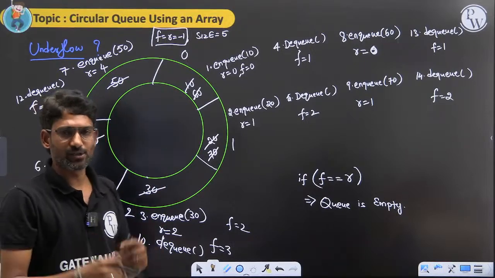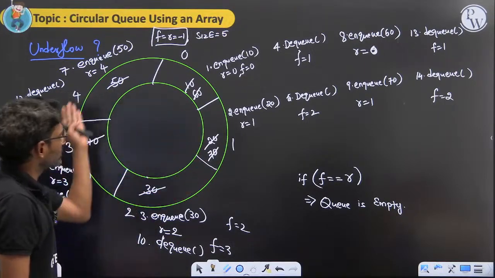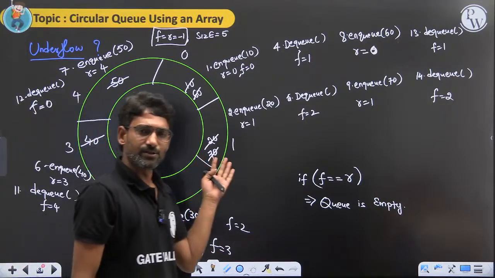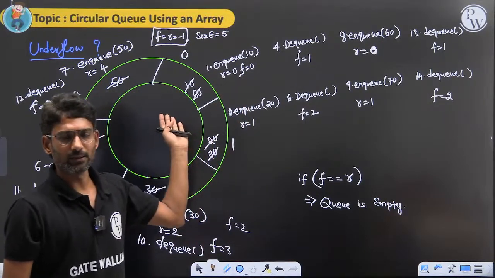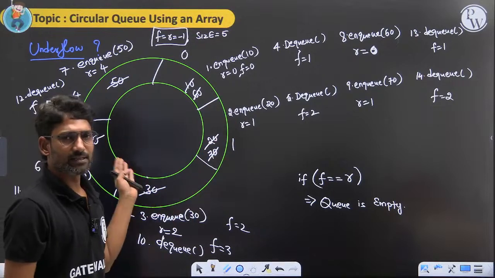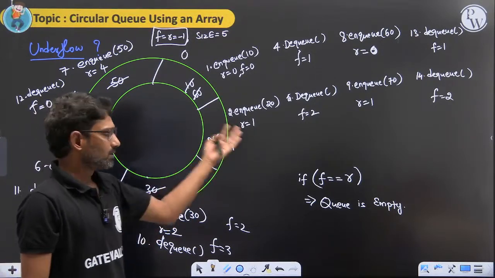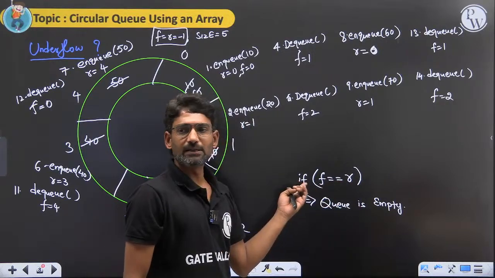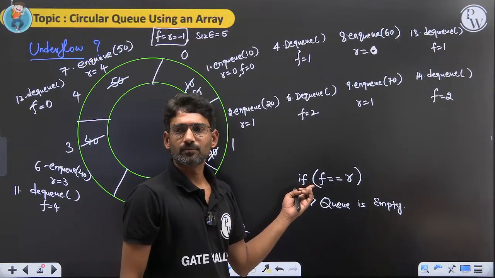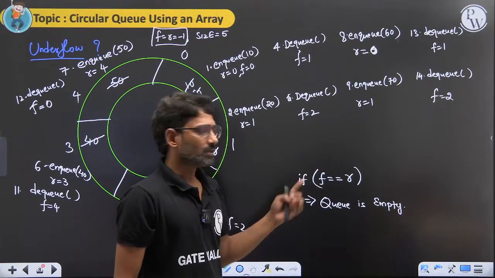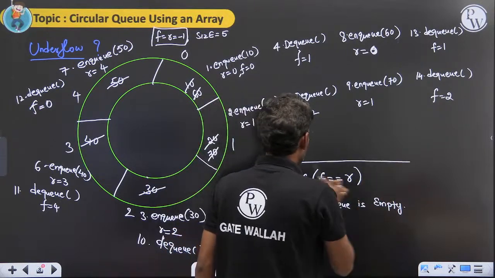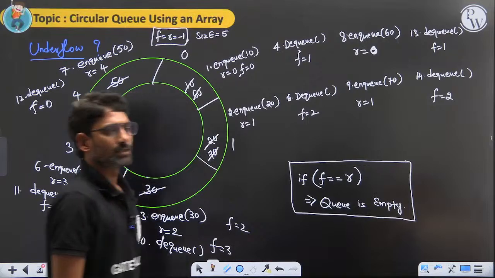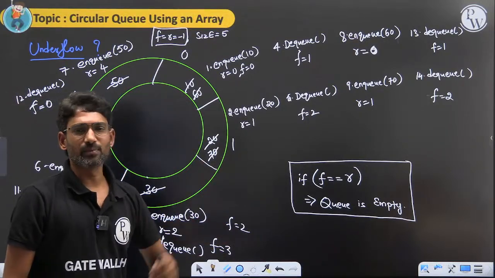That is the initial state. Later I did so many insertions and deletions. At a certain point, when I have done 7 insertions and 7 deletions, the queue became empty again. Front reaches rear. So when front is equal to rear, we can say the queue is empty.